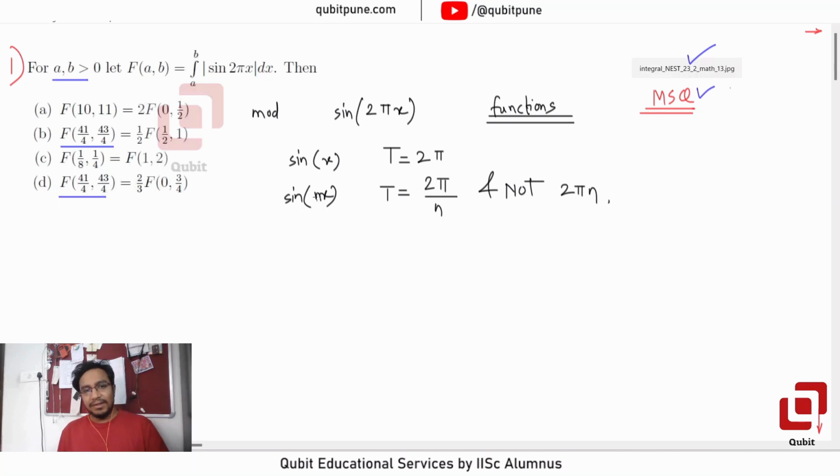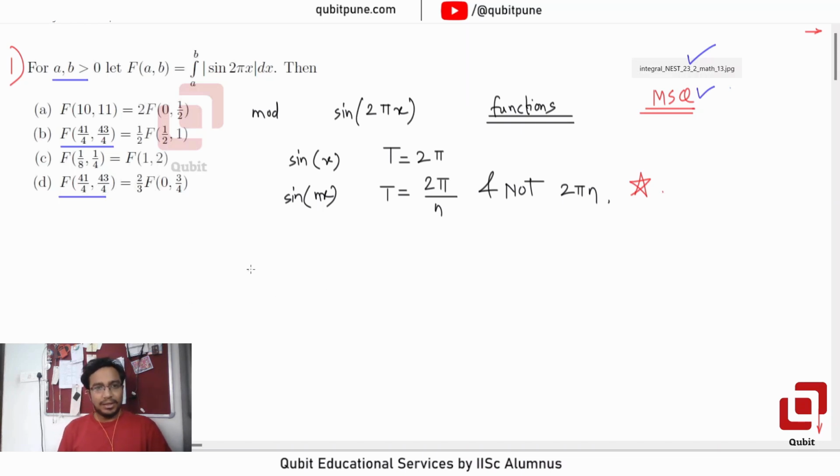So if n is greater than 1, one cycle of the graph, one wavelength, shrinks. And if n is less than 1, because the denominator is less than 1, the graph stretches. Please remember this important fact.